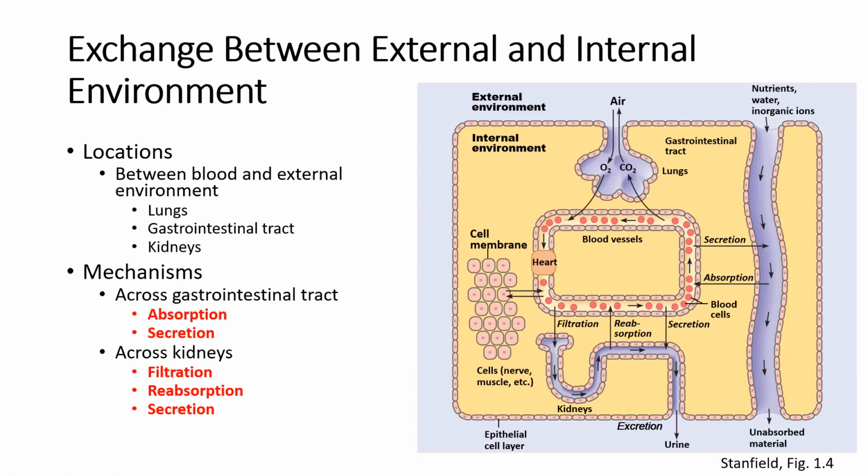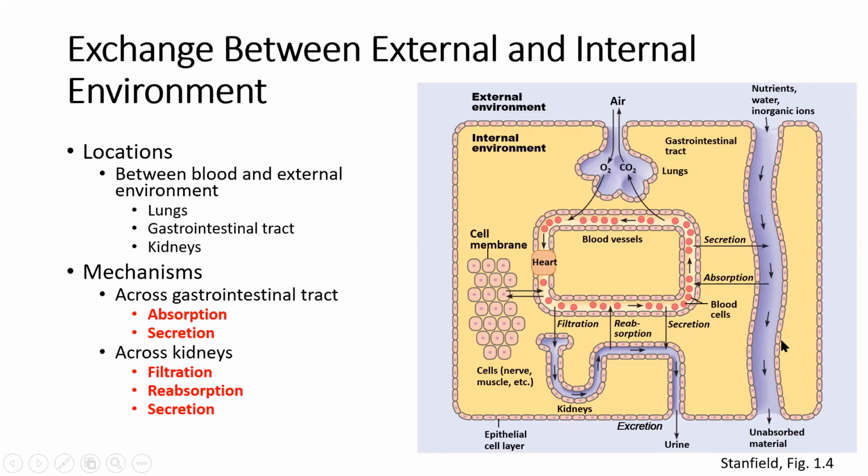Let's look at the mechanisms for exchange. In order to exchange nutrients, oxygen, CO2, there are certain processes that are involved. In the GI tract, it's absorption and secretion. Absorption is the movement of nutrients, water, ions across the epithelia from the external to the internal environment. Secretion is going to happen in the GI tract as well. That is the movement of water, mucus from the internal environment into the external environment so that it can be eliminated from the body as waste.